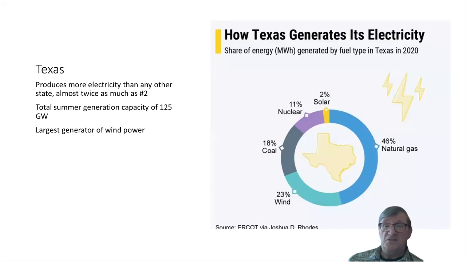So yeah, Texas. I'm sure you all saw, what was that, a couple weeks ago when they had that big storm and knocked a lot of their power out. Texas is the largest energy producer in the country, almost twice as much as number 2. I would almost think California would be the most, but California has been shutting down its plants and it's sucking up power from the Pacific Northwest and a large nuclear facility in Arizona.